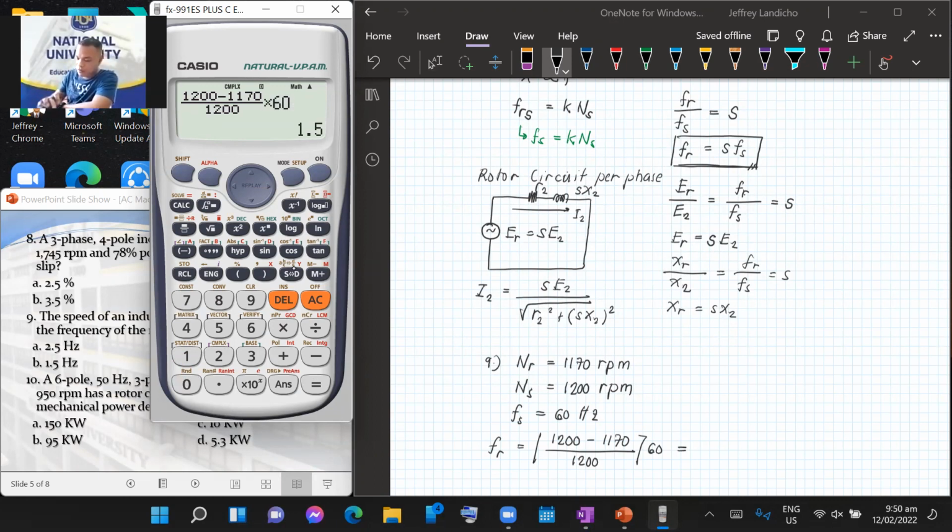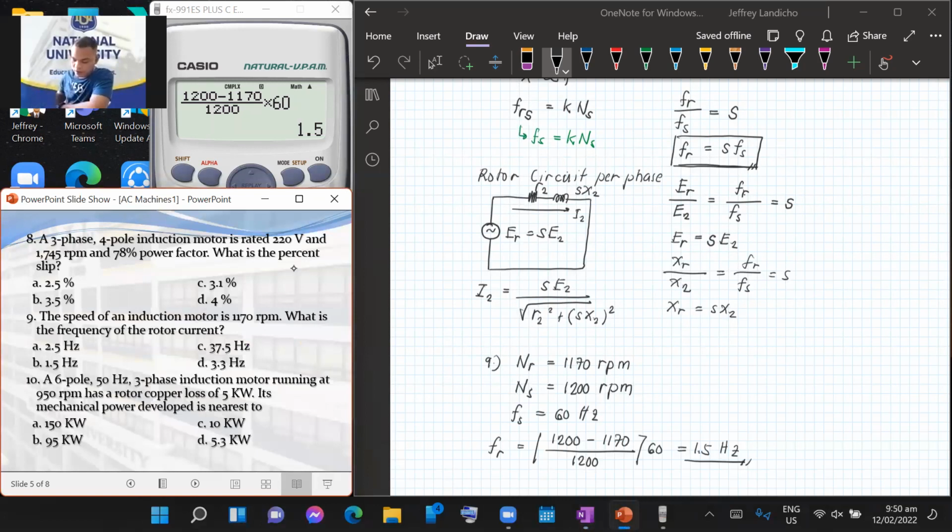So, we have the answer: 1.5 Hz. So, tama lang, mas maliit yan. No? Maliit talaga ang rotor frequency. So, we have 1.5 Hz. So, this should be valid. Okay? Any question regarding problem number 9?